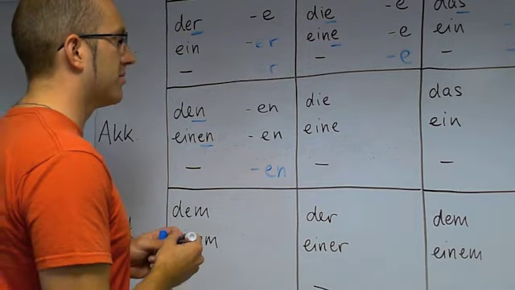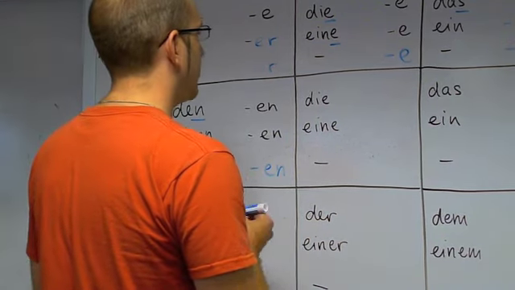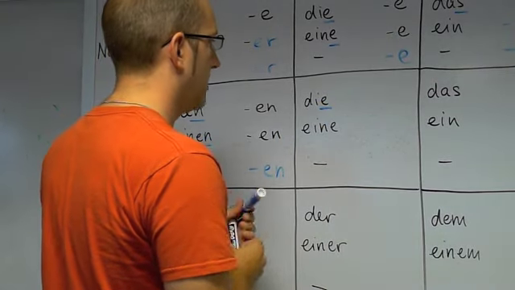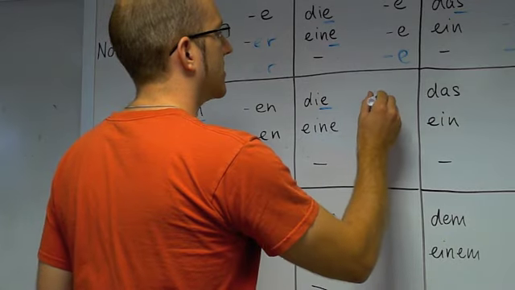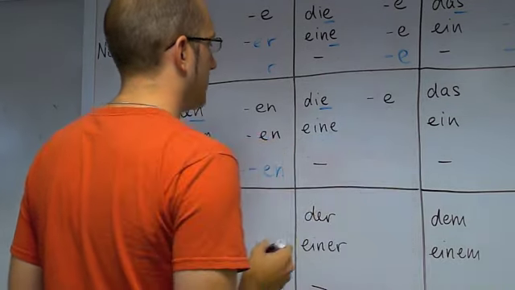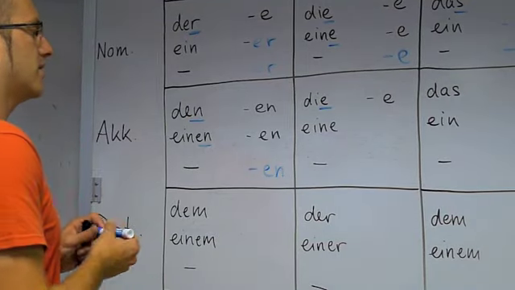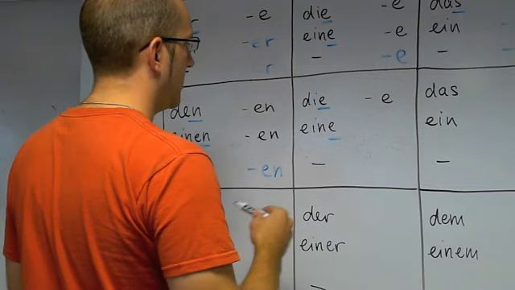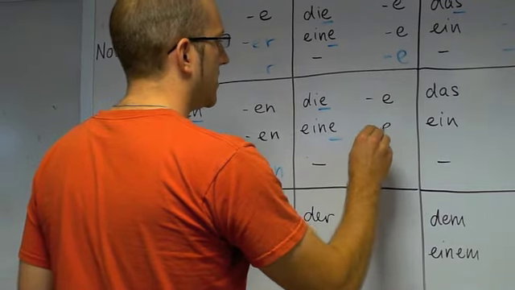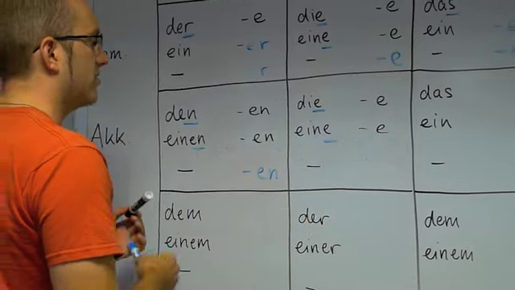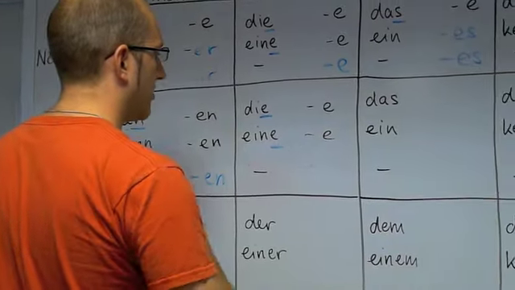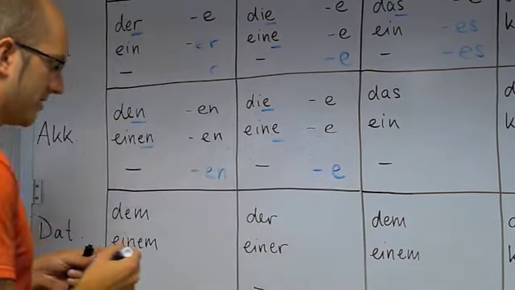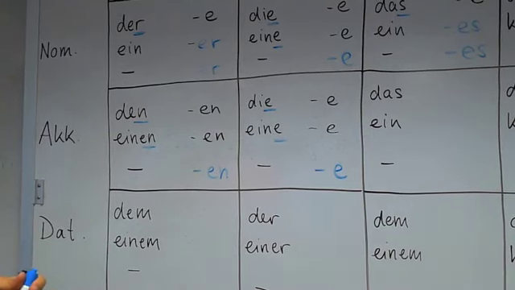I think we can speed up a little more now. If you have die, you have the strong marker e. You're going to take a weak ending, in this case, e. The same holds for the indefinite article. If you have the strong e, you're going to take a weak e. And if you don't have the strong ending without an article, you're going to use the strong e as the adjective marker.